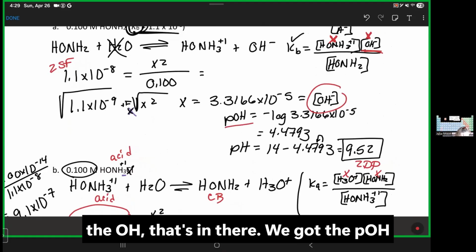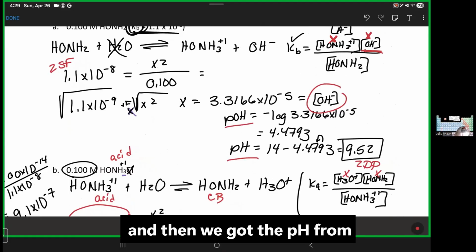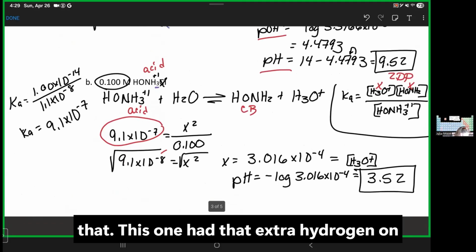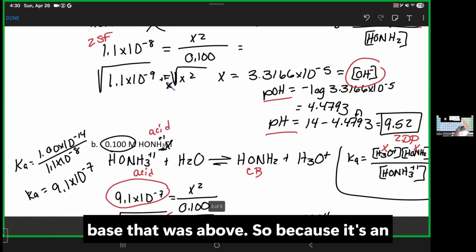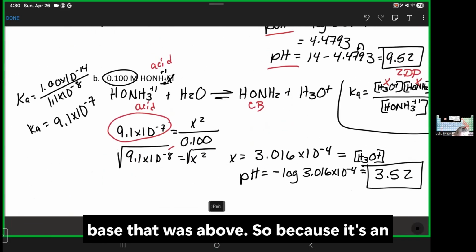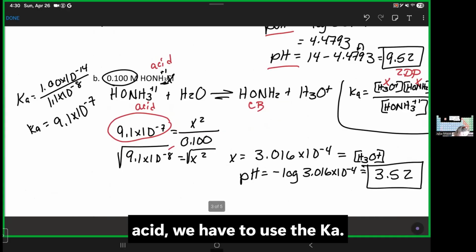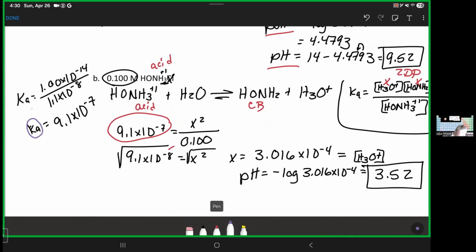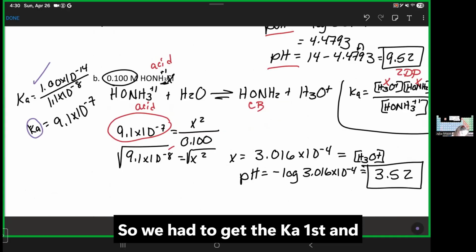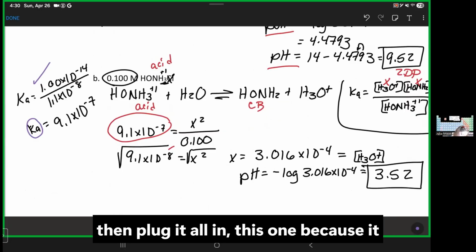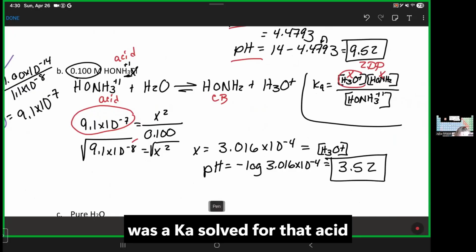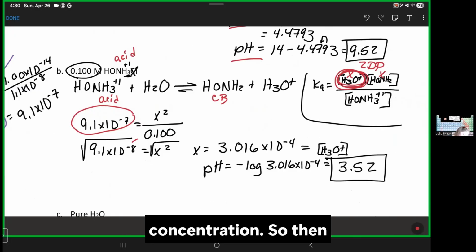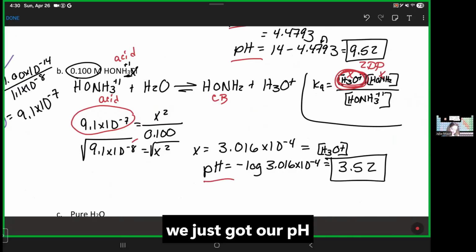We got the pOH, and then we got the pH from that. This one had that extra hydrogen on it, so that was an acid for the base that was above. So because it's an acid, we have to use the Ka. So we had to get the Ka first, and then plug it all in. This one, because it was a Ka, it solved for that acid concentration. So then we just got our pH of it.